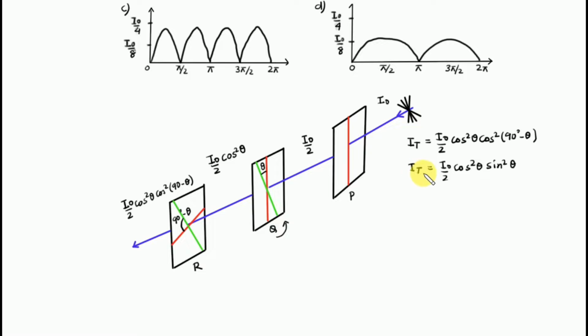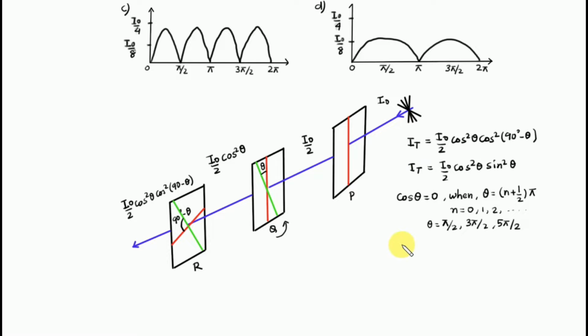The intensity I_T will become 0 when cos theta is 0 or sin theta is 0. Cos theta will be 0 when theta is (n plus 1 by 2) pi, where n is an integer, 0, 1, 2 and so on. So for theta equal to pi by 2, 3 pi by 2, 5 pi by 2, the intensity coming out of R will be 0.